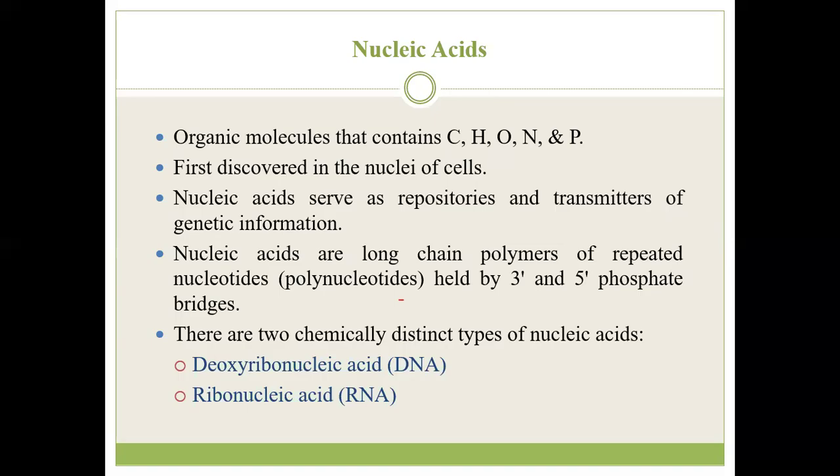They are a polymer of nucleotides, meaning they are made up of polynucleotides linked together by what we call 5' to 3' phosphodiester bonds or phosphate bridges, which we are going to see. What is this phosphate bridge? Or what type of bond is this phosphodiester bond?